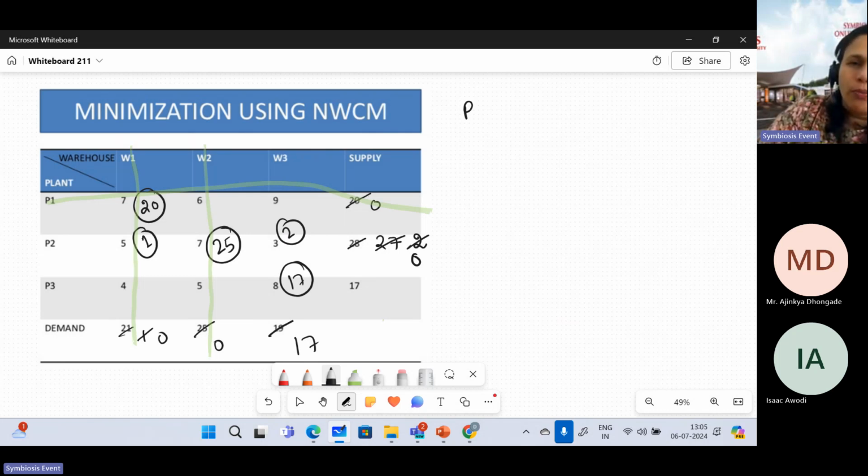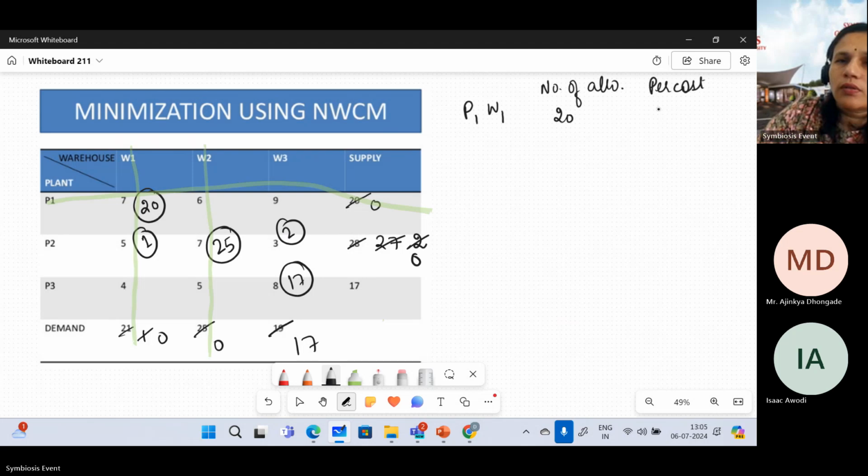So from P1 to W1, number of allocations is going to be 20 and per unit cost is 7. So total cost, right?